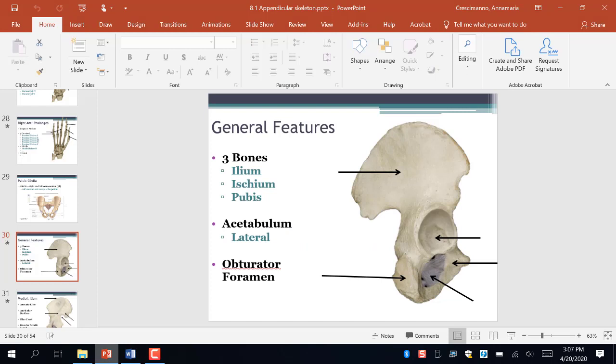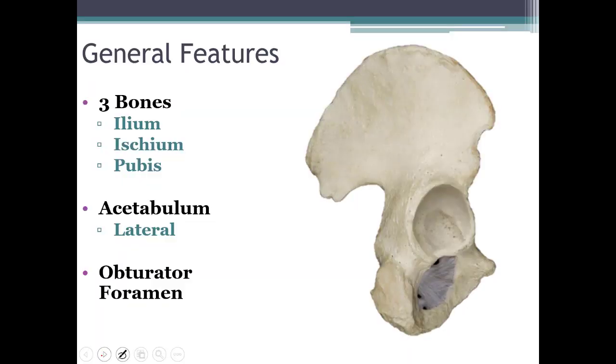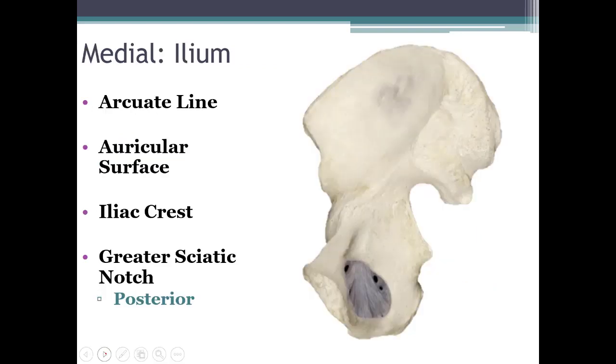Okay, now focusing on the ilium. We have a couple of different features. Looking medially, we have a low ridge, which we learned about in our bone terminology lab as a line. So this line that you see right here is called the arcuate line because it creates a little bit of an arc on the inside of the pelvis.